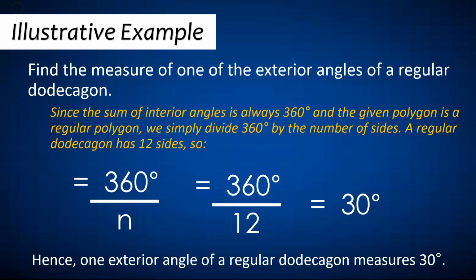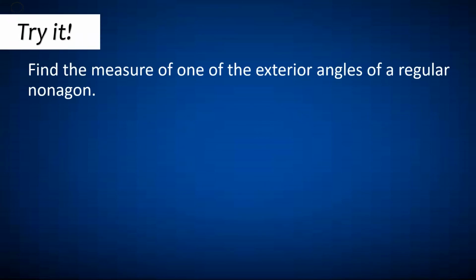So another example is to find the measure of one of the exterior angles of a regular nonagon. By using the formula 360 divided by n, where n is the number of sides kung ano yung polygon na given, at given is a regular nonagon.